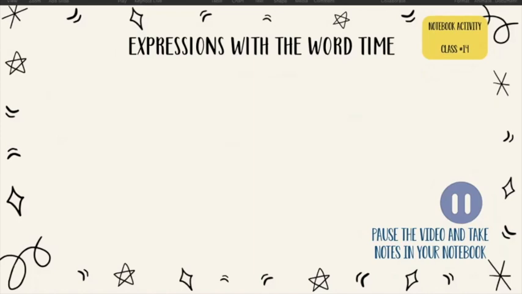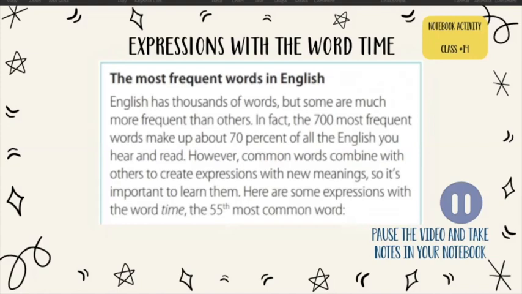Now let's see. Before we check them, here we have some extra information for you. It says, the most frequent words in English. English has thousands of words, but some are much more frequent than others. In fact, the 700 most frequent words make up about 70% of all the English you hear and read.